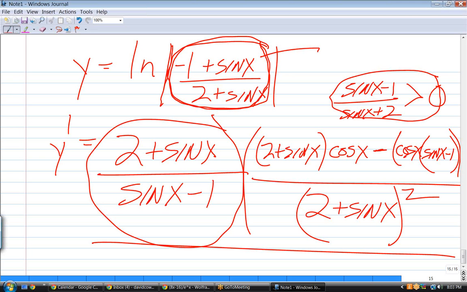So if the denominator is always positive and the numerator is always negative or 0, then this is never true. It's always going to be less than 0, which means the derivative is the negative. I'm just going to put a negative in front of that whole answer, because the argument is always less than 0.